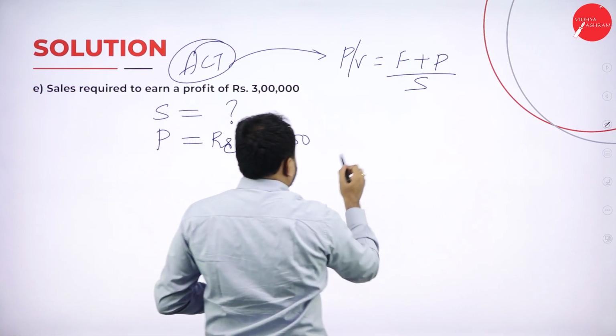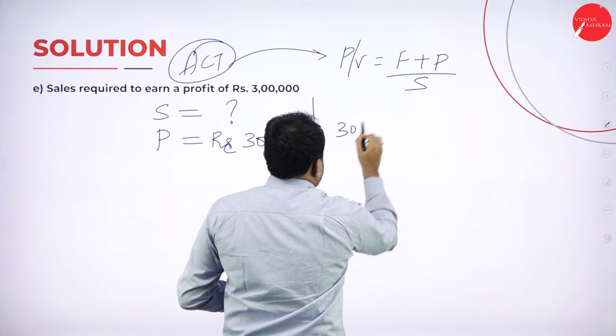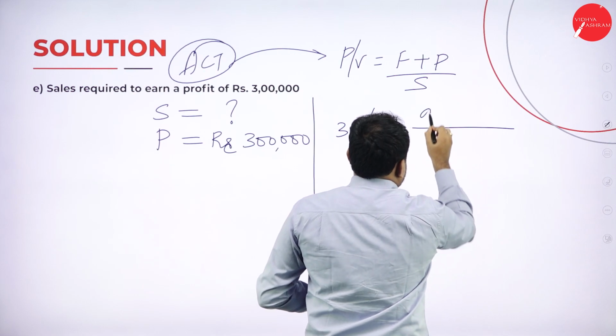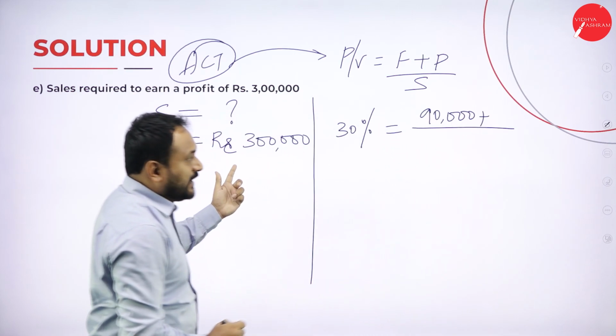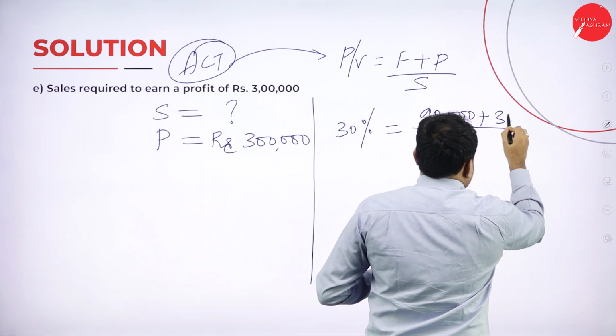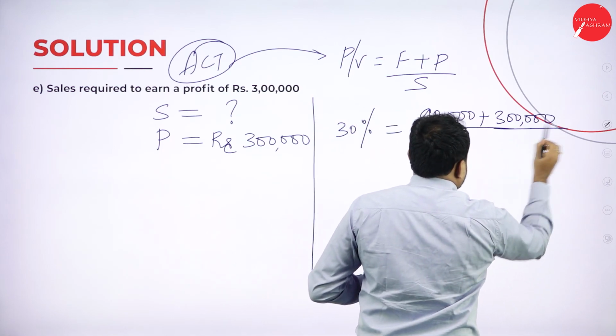PV is 30% is equal to, F will not change, so it is 90,000 plus profit, which they have given, that is 3 lakh.